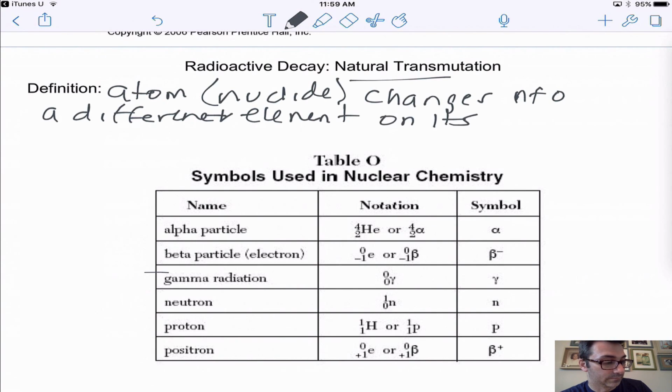And it does so by emitting certain particles.